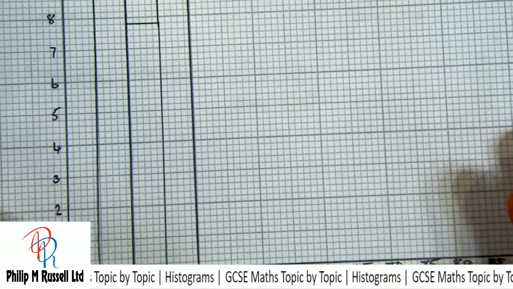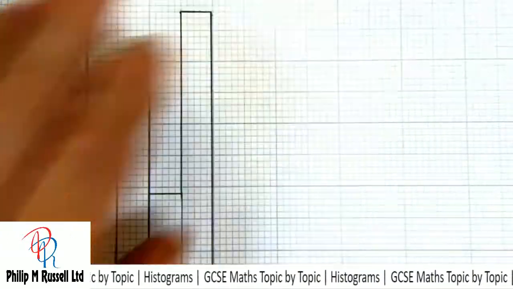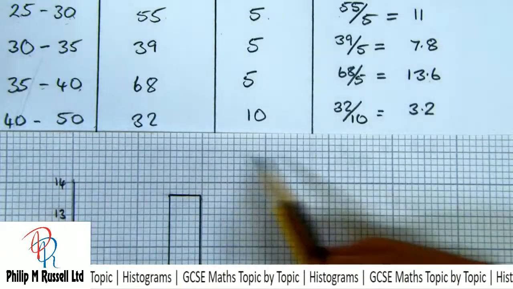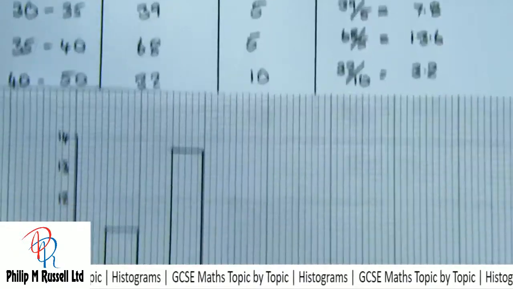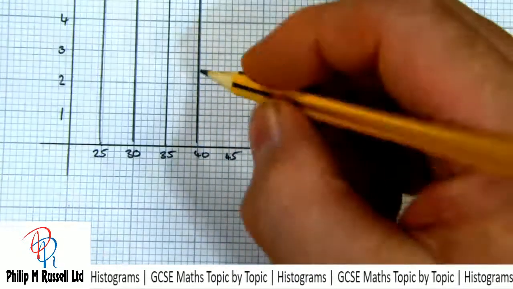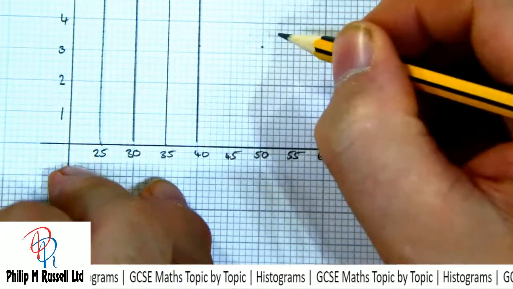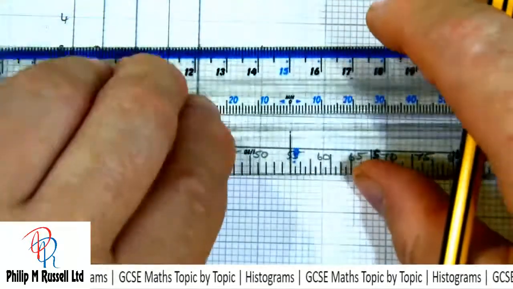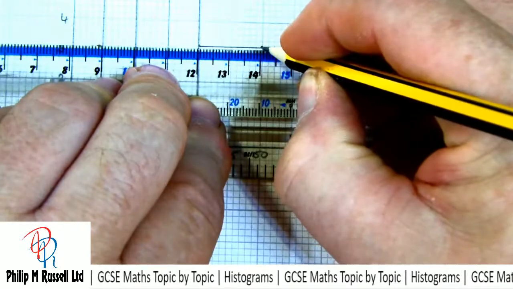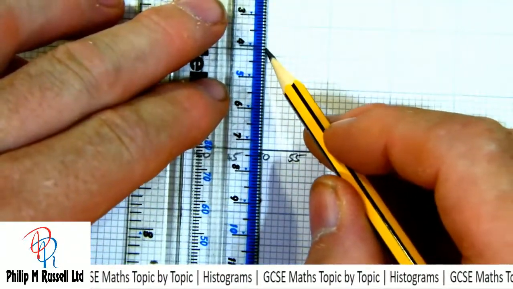And our next to last one is 3.2, but it's a class width of 10. So 40 to 50 is going to be 3.2. So there's my 3.2. Draw this one in. And a class width of 10 here.